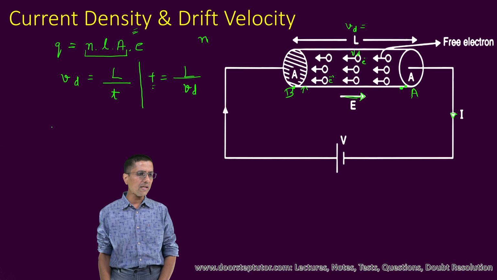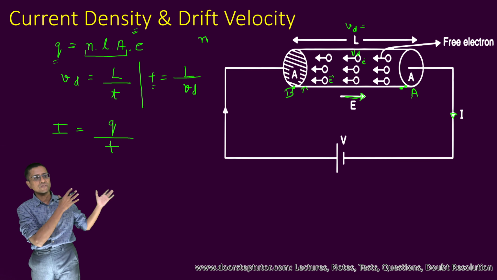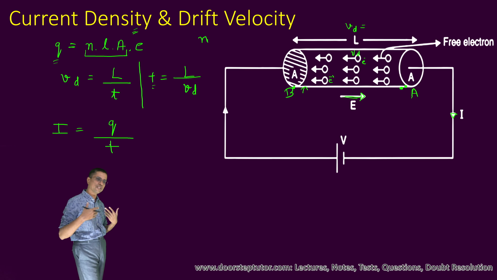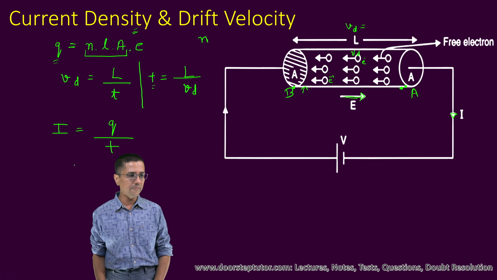Now what about the current? Can we actually find out the current? The current through the conductor would be equal to Q, which is the total charge in the conductor, divided by T, which is the time it takes for the entire charge to go through the conductor. Now let us substitute the values.